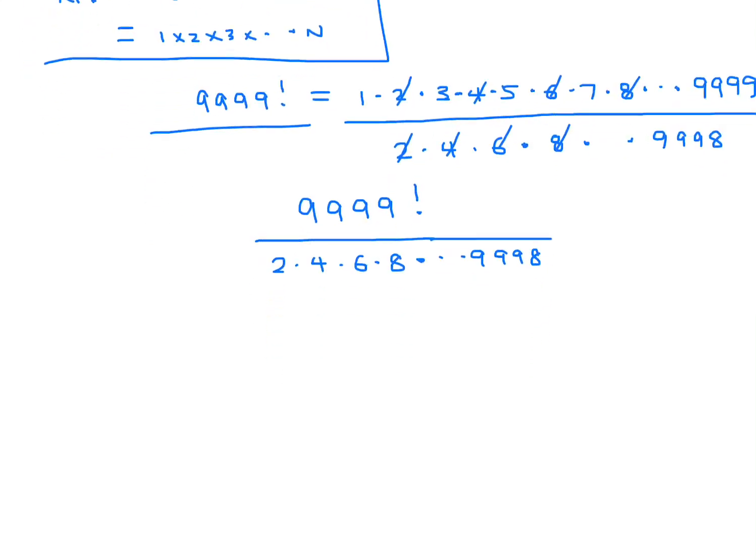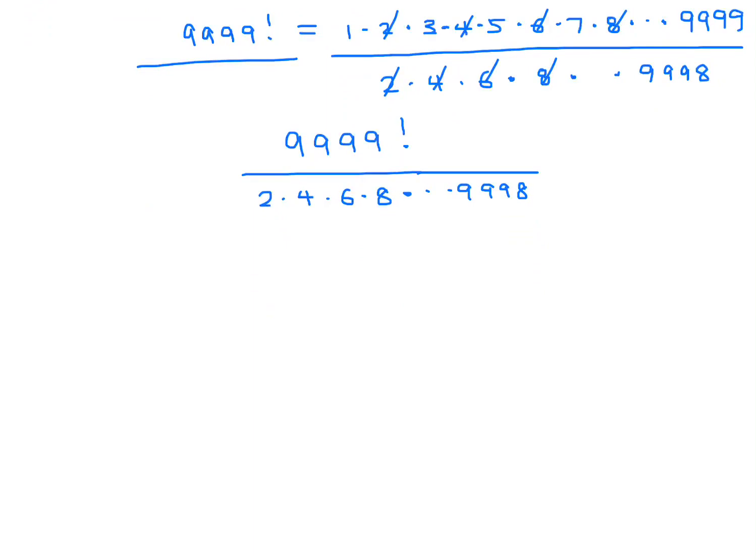But I'm going to write this out a little bit so that you don't get confused. So we've got 9999 factorial, all over 2 times 4 times 6 times 8, all the way up till 9998.